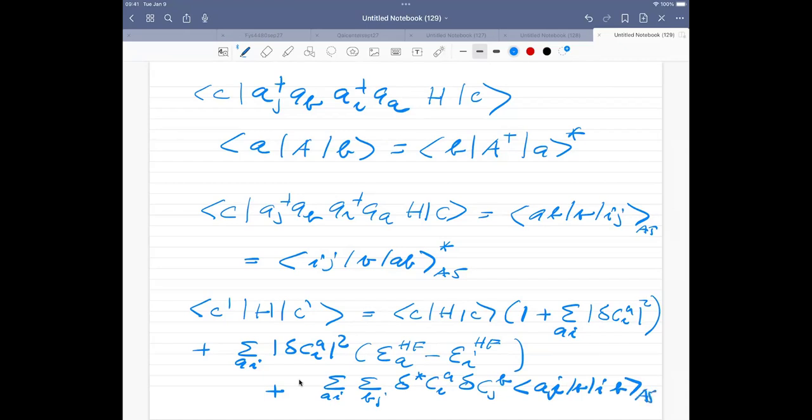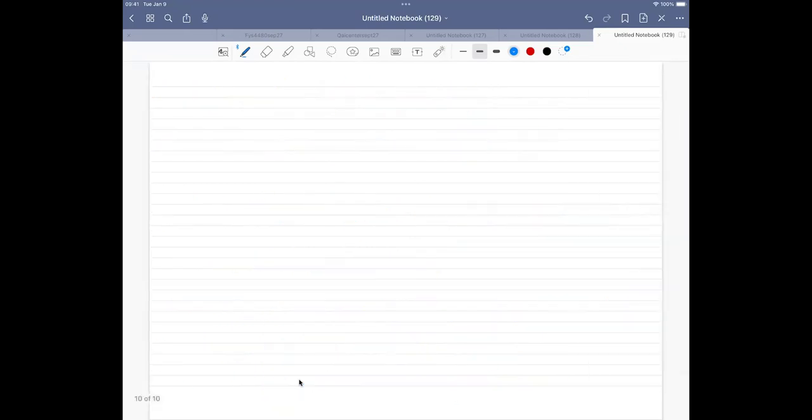And then I have two additional matrix elements. And so that means that I have a plus, I have a 1/2, and there's a summation over AI, a summation over BJ. And then I'm going to get a delta C IA, a delta C JB.